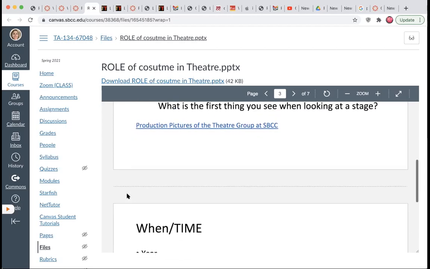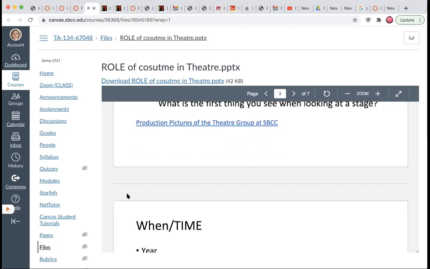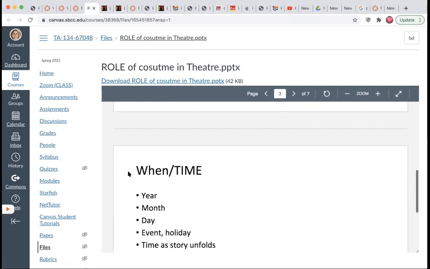Okay, so that was very intentional, and that was still period appropriate. The things that you can tell about a costume, and by the way, you can go to this and look at that website, and I would recommend that, and it'll tell you a lot about the other things that we've done. So when, and we talked about this in terms of script breakdown, what year is it?